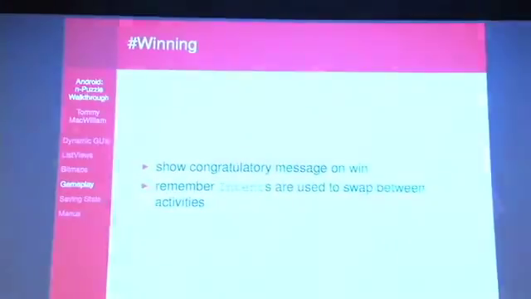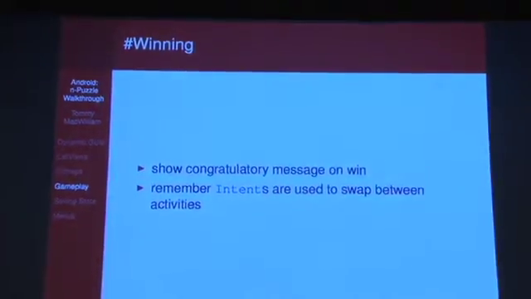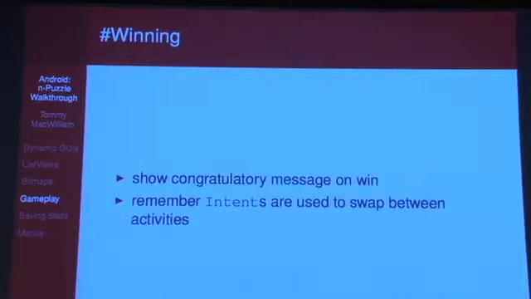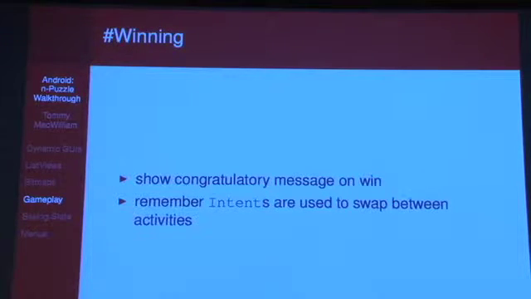When the game is won, you'll want to display some congratulatory message. And remember that intent objects, which are containers that specify what activity you want to go to, and maybe some data along with it, are what are used to switch between activities. So any questions overall on gameplay or how to implement anything there?